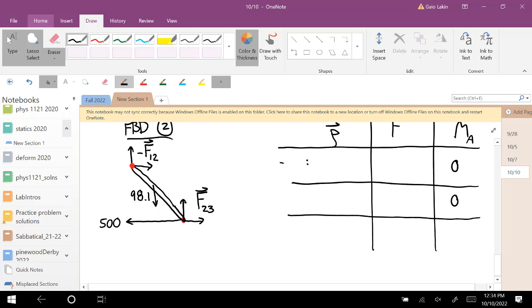So negative F12, row vector is 0. Force is negative F12x, negative F12y. Cross product is 0. Then the weight force, the row vector is positive 0.25, negative 0.433.